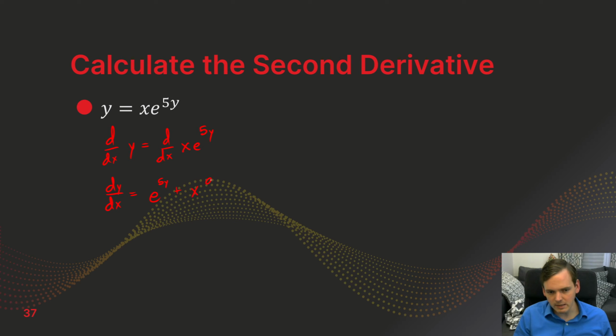So x times d by dx of e to the 5y, which is going to equal e to the 5y plus x times e to the 5y times 5y prime, because of the chain rule. So that should actually be dy by dx to keep my notation consistent.